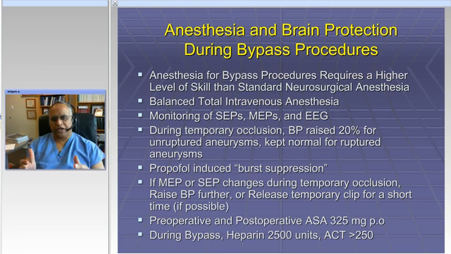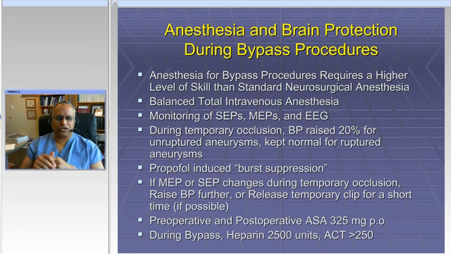During temporary occlusion, for unruptured aneurysms, we'll raise the blood pressure. For ruptured aneurysms, we will keep it normal unless you have complete trapping, in which case you can raise the blood pressure more. We induce burst suppression with propofol. All of the patients are placed on aspirin at least as of that morning, and then we continue the aspirin postoperatively.